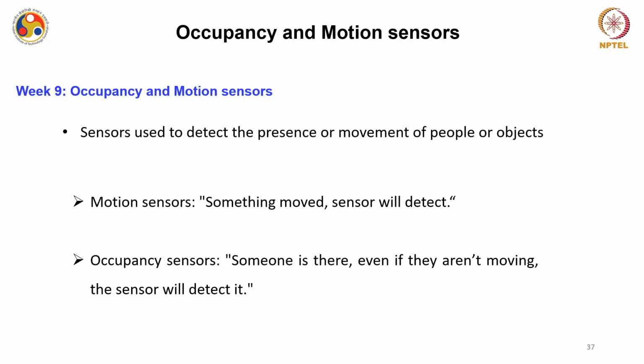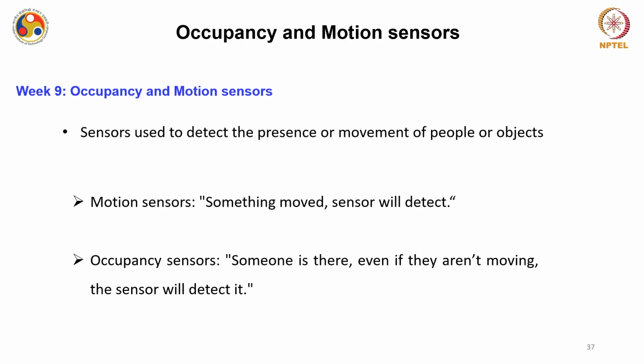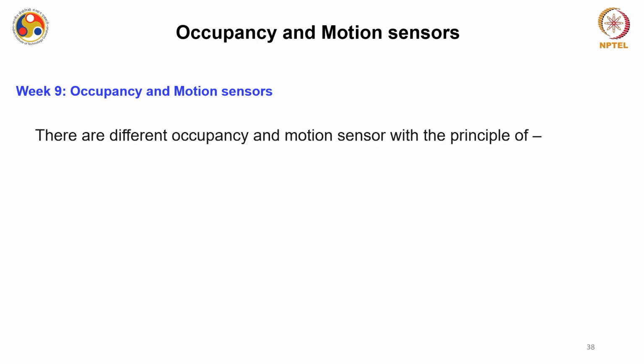When we started this 9th module, we segregated the motion sensors and occupancy sensors clearly. We have seen that motion sensors detect when something has moved, while an occupancy sensor detects whether something is there or not. Even if it is not moving, it doesn't care, it just detects it.